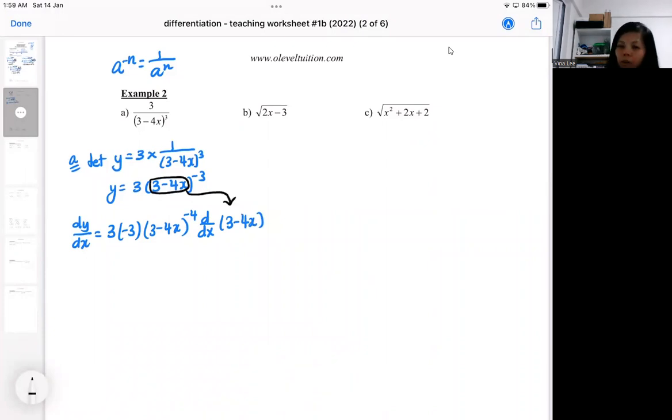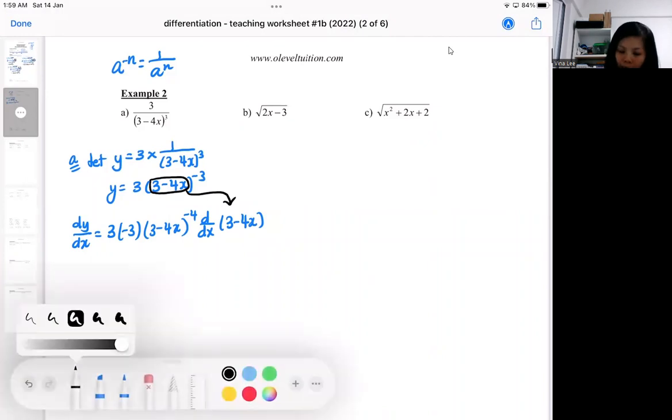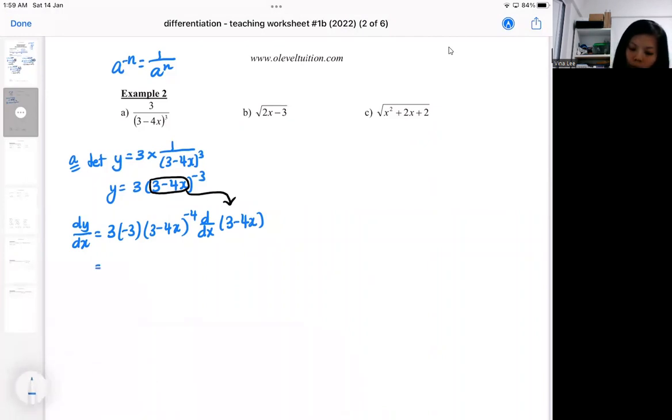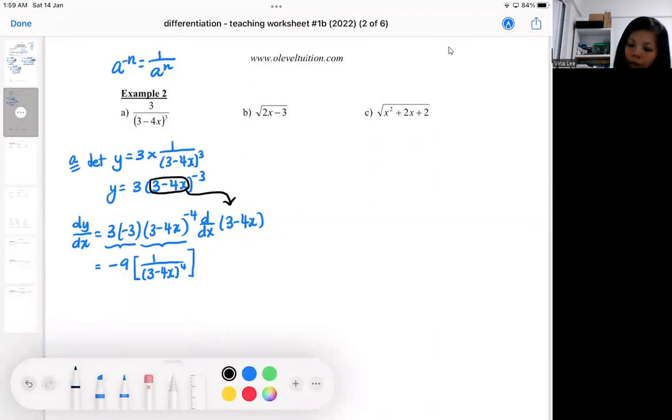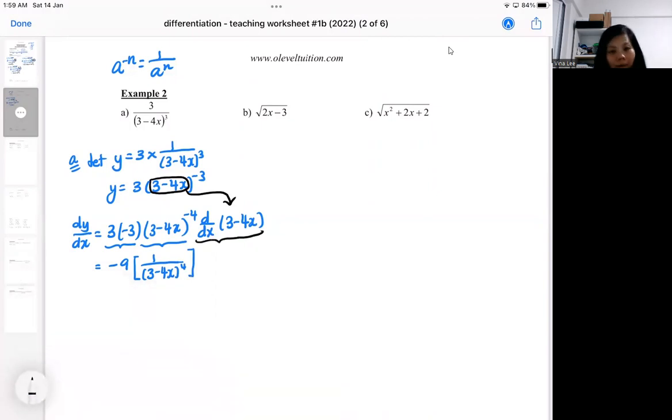So with negative power, things somehow get a little bit more confusing. So what you can do is right here, this will be a minus 9. Here, you can actually return it first to the bracket format. Then you focus on differentiating the inside function.